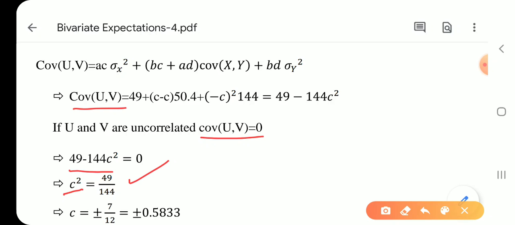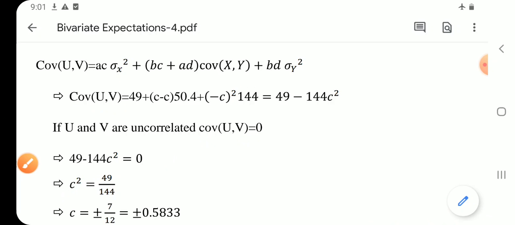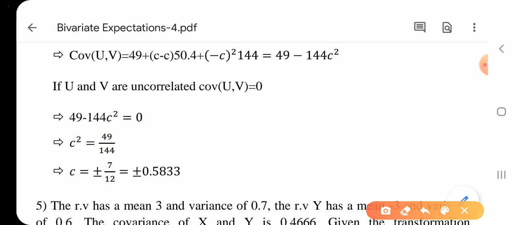C square is equal to 49 by 144. So C is the square root of 49 by 144, which is plus or minus 7 by 12. If you simplify, it is plus or minus 0.5833. I hope all of you have understood this.